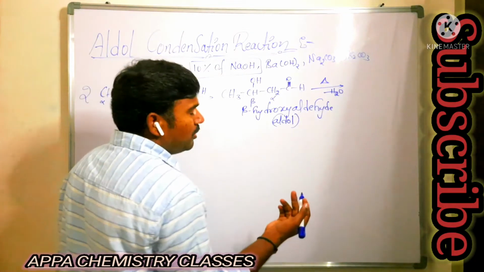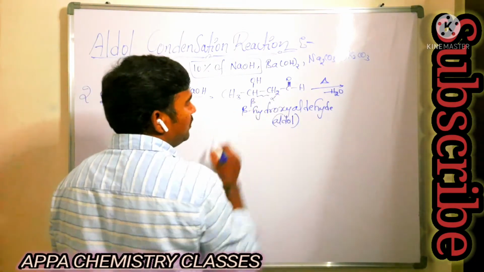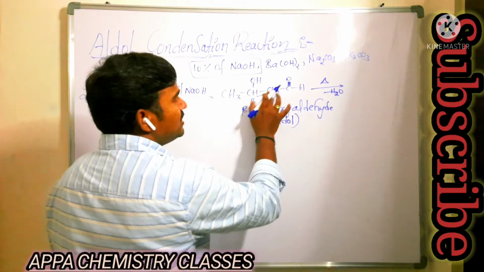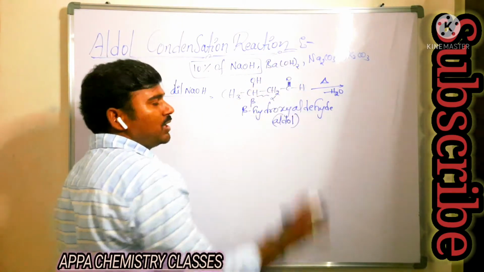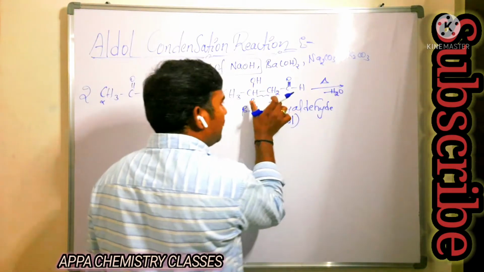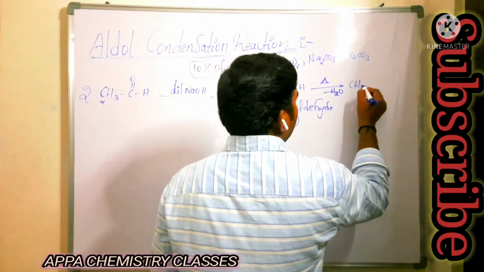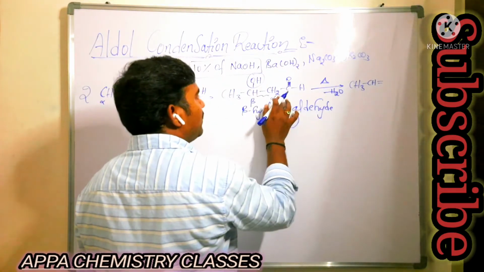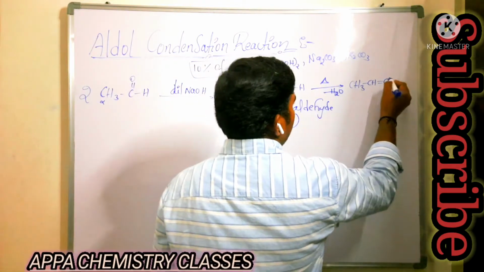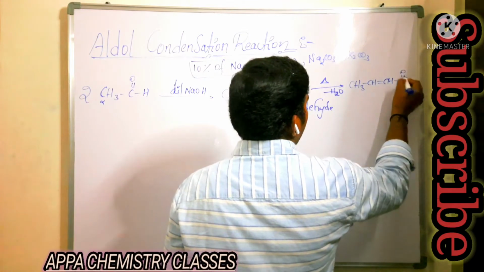But which multiple bond is more stable? The alpha beta multiple bond is more stable, because it is in conjugation with the carbonyl carbon to oxygen pi bond. So between alpha and beta you get the multiple bond: CH3, CH double bond CH, C double bond O, H, with one hydrogen lost from the alpha carbon.